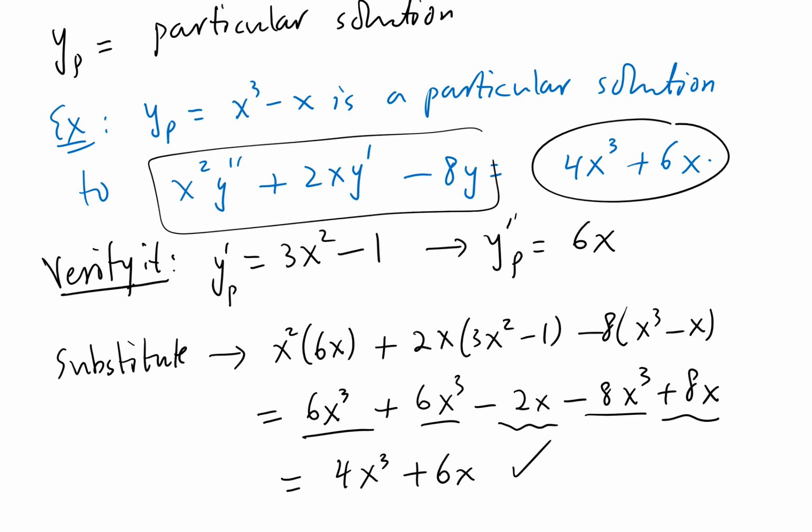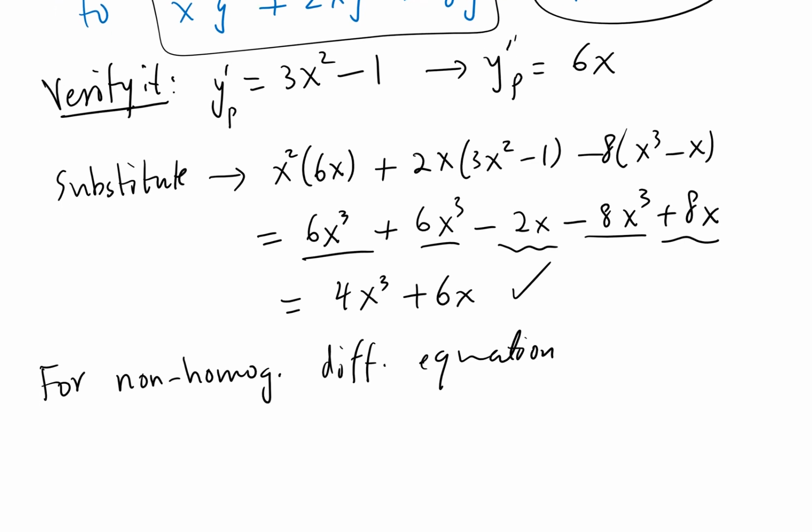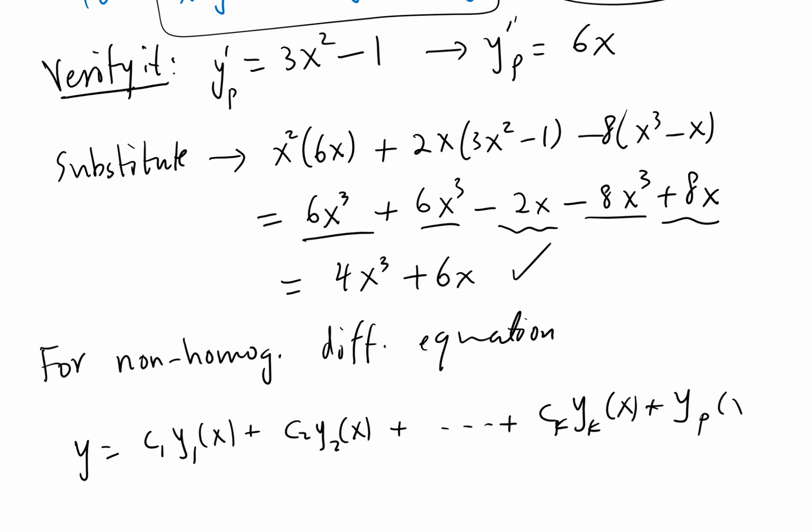And then we extend it to a general solution for the entire equation. So we can say for any non-homogeneous differential equation, y equals c1 y1 of x plus c2 y2, the linear combination, all the way to ck y sub k of x, plus y sub p of x.